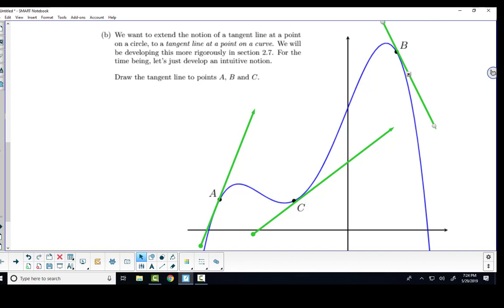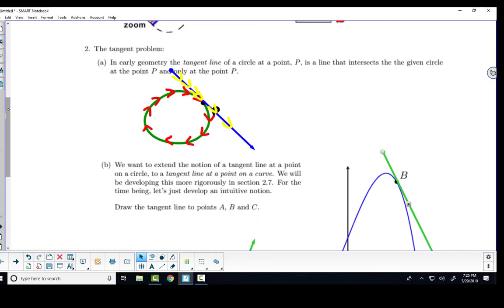Okay? Notice that the tangent line at C, does it just intersect the curve once? No, if you were to extend this line, which I didn't do, it would intersect the curve 2 other times. So this idea here, unfortunately, I have to sort of start with where you're at, and a circle is a good place to talk about a tangent line.